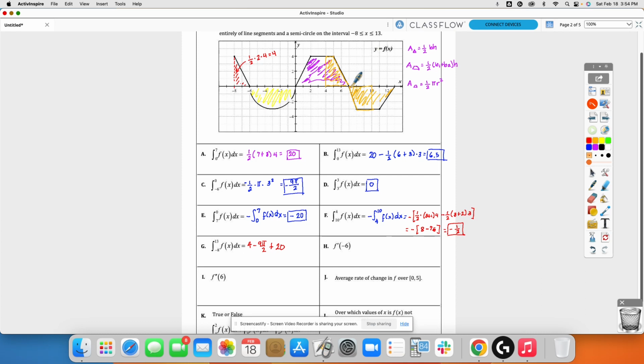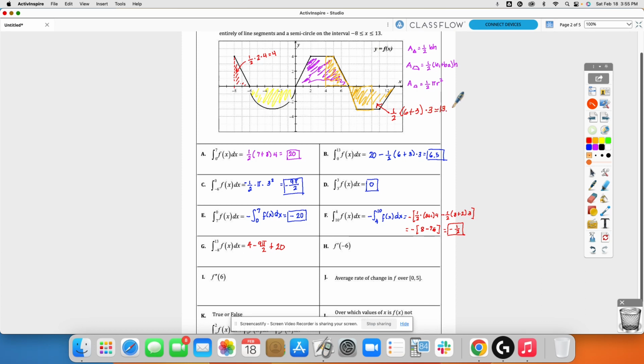And then from 7 to 13, you got 7 to 13, right? 7 to 13 is this part, which is equal to 1 half times 6 plus 3 times 3, is 27 over 2.